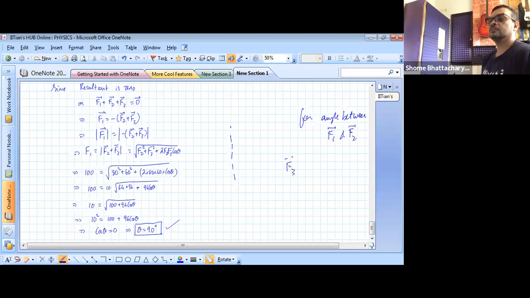F3 is minus of F1 plus F2. So magnitude of F3 would have become mod of F1 plus F2. So now, for example, this is given to us as 60. That would have become mod of F1 plus F2, by triangle law, and from that you would have got cos theta, and from that you would have got theta.